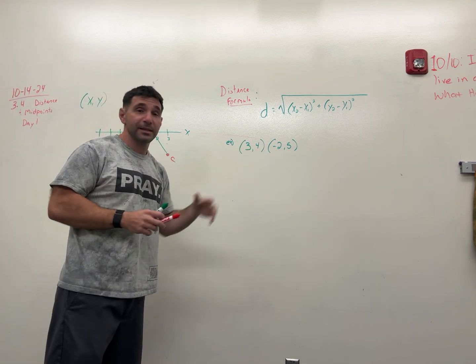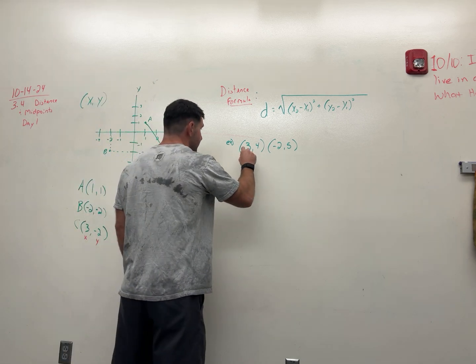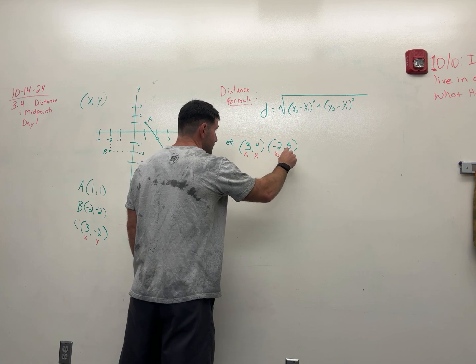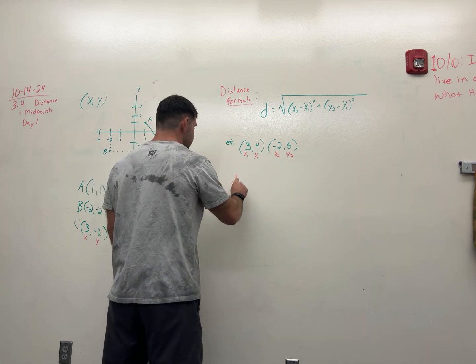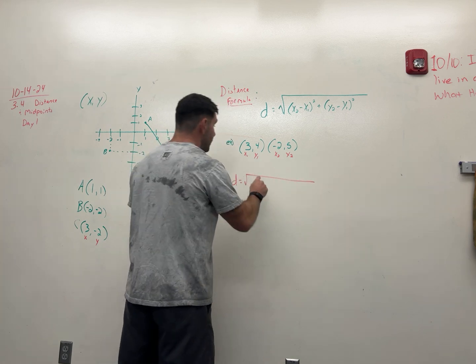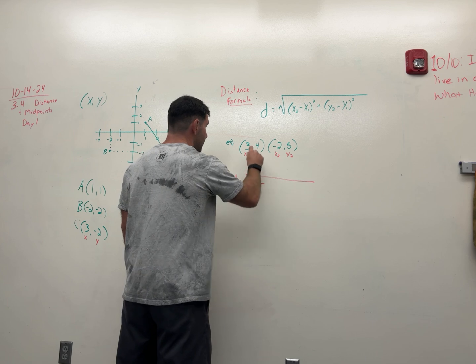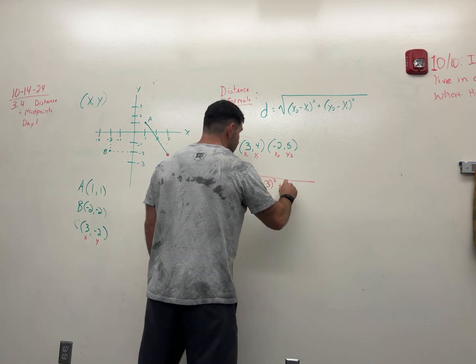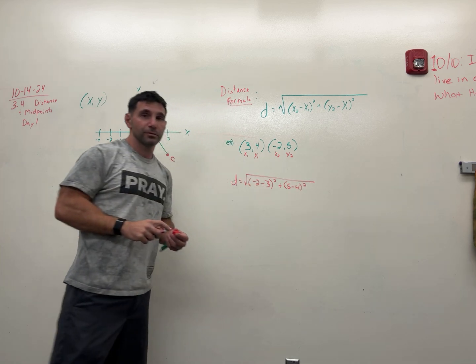This is my first point, this is my second point. So we label. We say x1, y1, which means this is x2, y2. And now we're going to substitute it into our formula. We say x2, which is negative 2, minus x1 squared, plus y2 minus y1 squared.